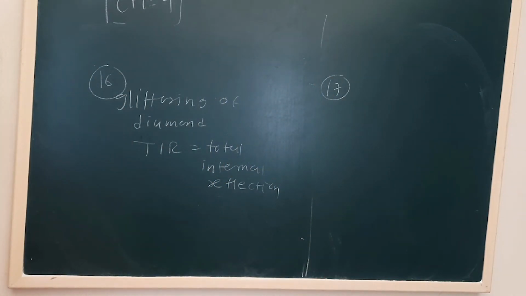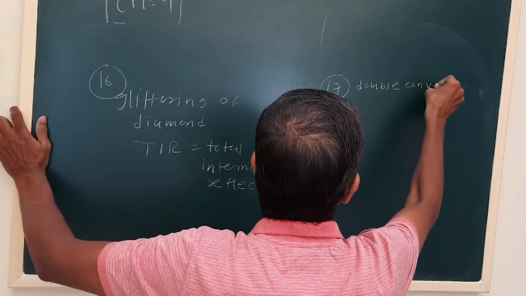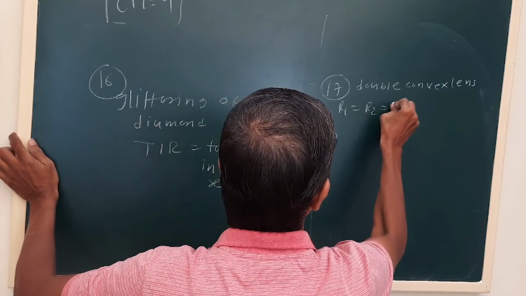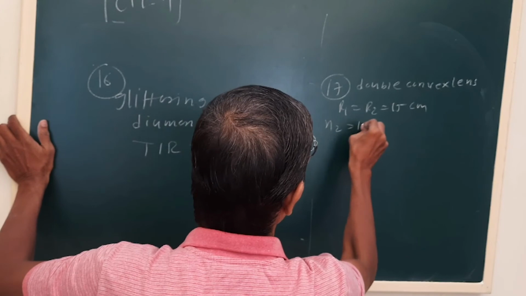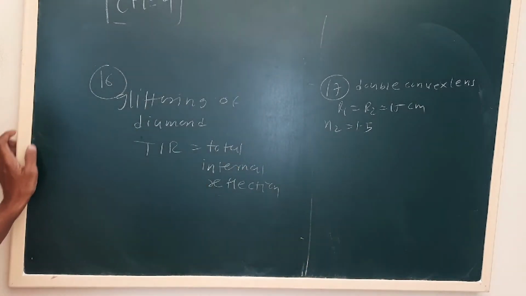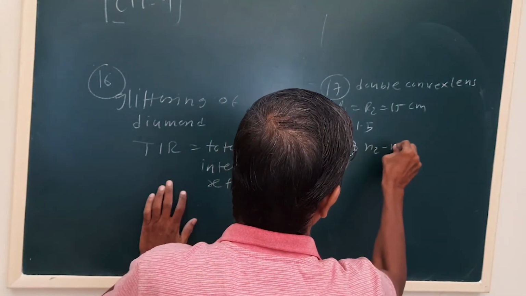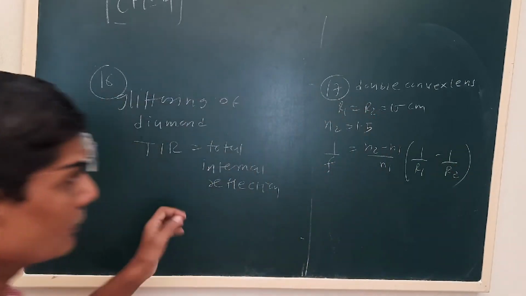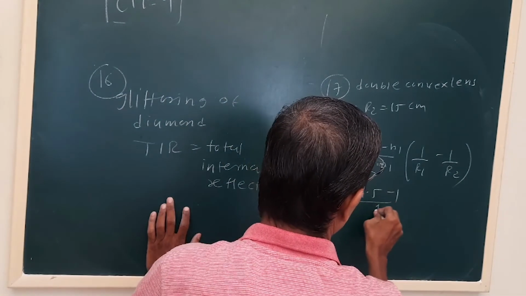Okay, now see the next MCQ. The radius of curvature of a double convex lens is 15 centimeter. See, the lens is in air, refractive index 1.5. We have to calculate the focal length. Now we use the formula (n2 minus n1) upon n1. Now n2 is 1.5, because the lens is in air, n1 will be 1.